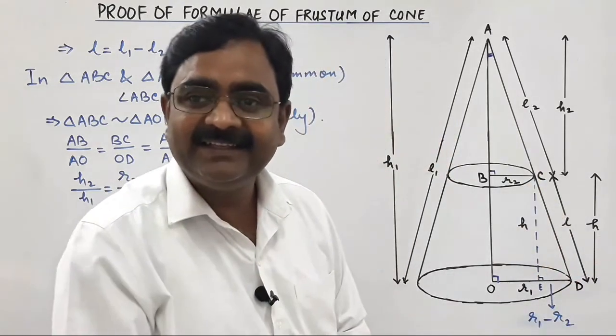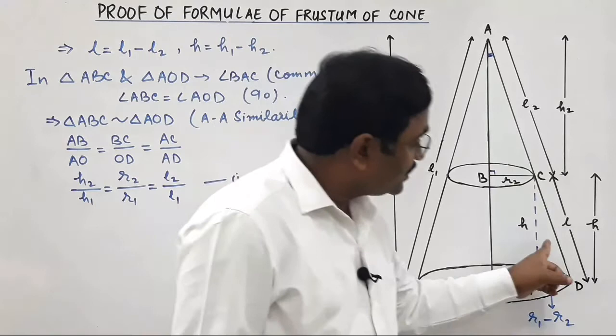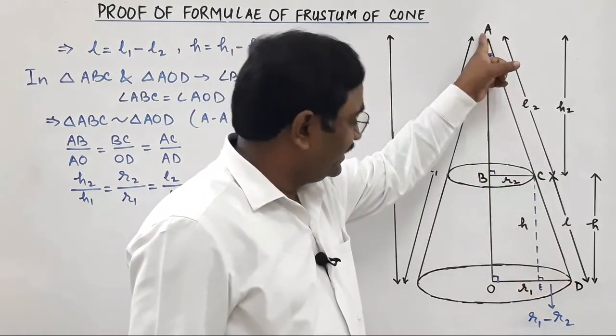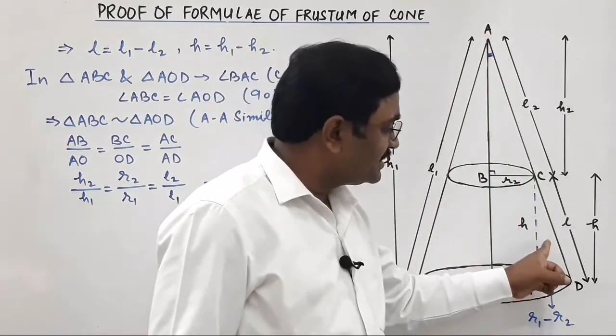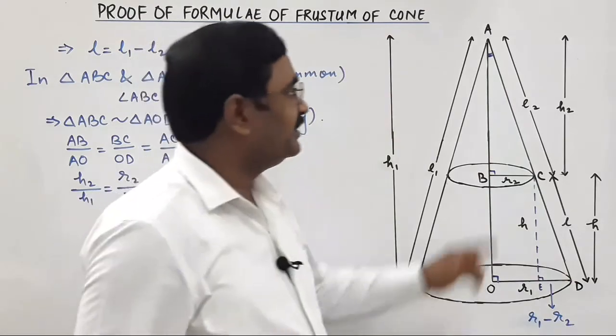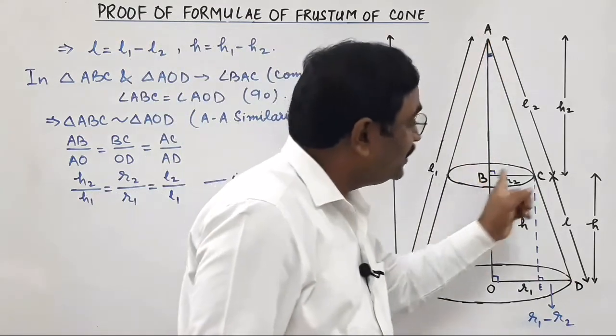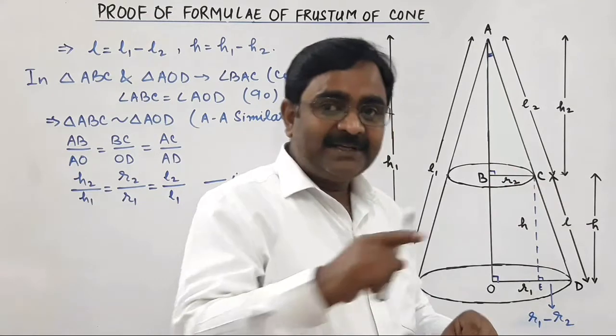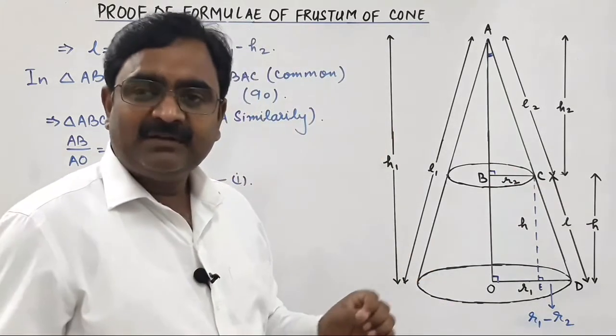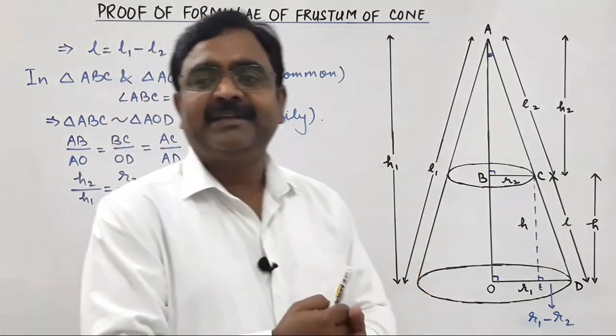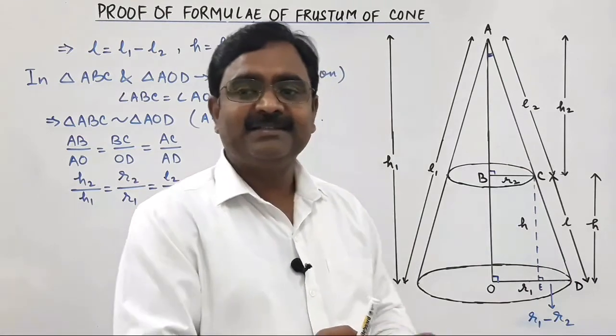This CED will be similar to this triangle AOD, and this CED will be similar to the triangle ABC also. So, friends, without fail, we are going to take these two triangles.